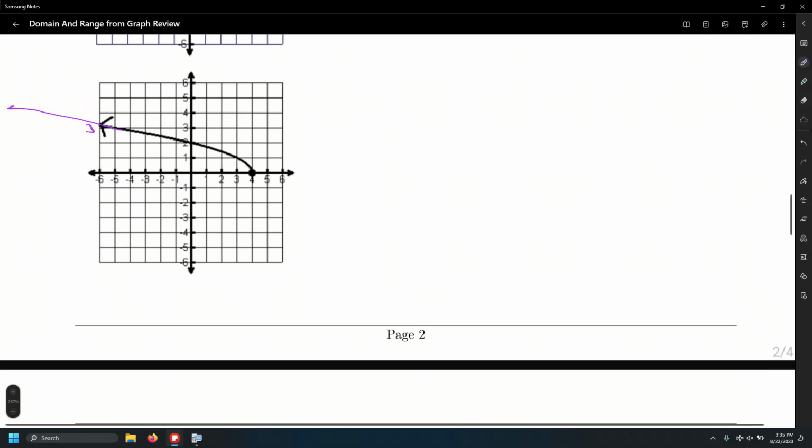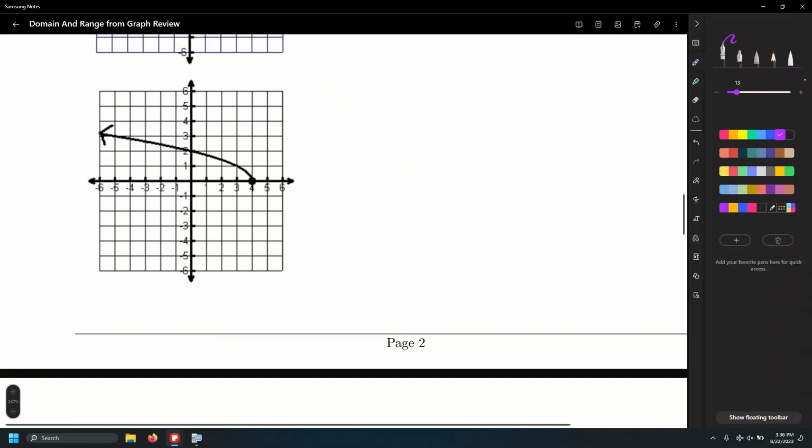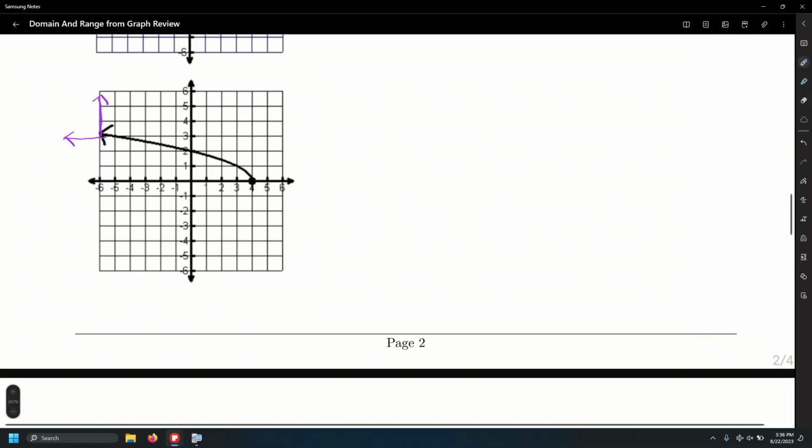So the proper thing to do before attempting to find the domain, before scanning from left to right and bottom to top, is to break this up into these two arrows, one to indicate that it's going to the left and another one to indicate that it's going up. And now we're ready to scan from left to right to get the domain.